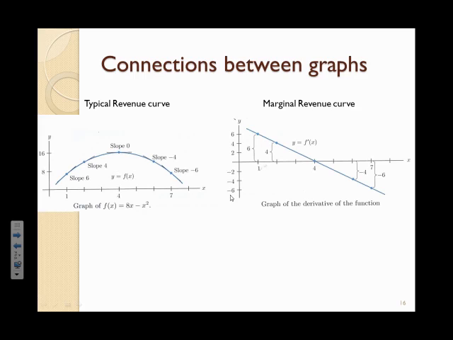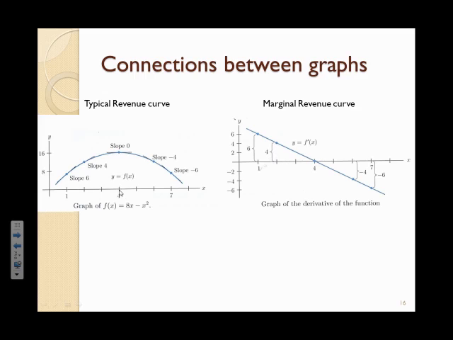And when we're looking at it, we can realize that there really are some connections here that are helpful in understanding. Now, assuming that this makes sense from how we did it before, when x is equal to 2, the slope is 4. So at the point x is equal to 2 here, we plotted this point 4.